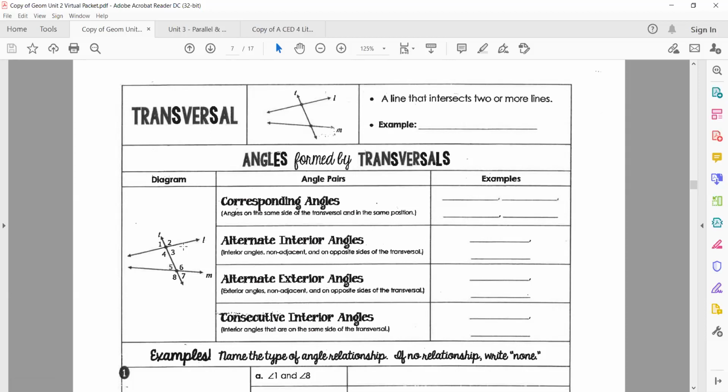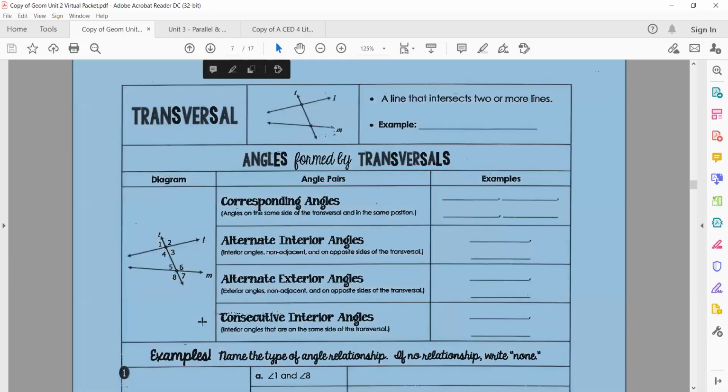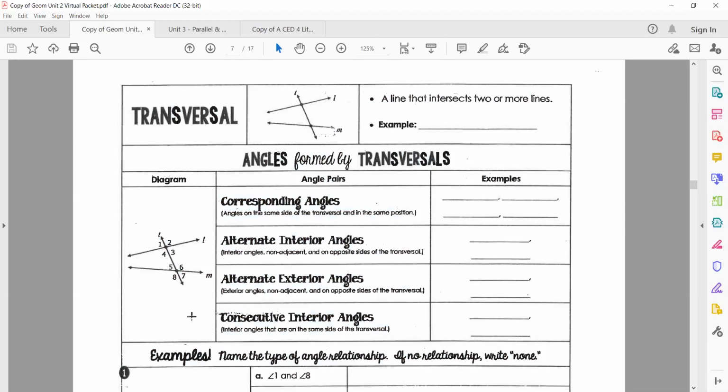Because angle 1 is above line L and left of the transversal. There's only one corresponding angle to angle 1, and that is angle 5. 1 and 5 are corresponding because they're in the same relative position in that diagram.